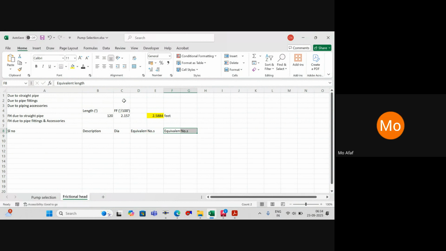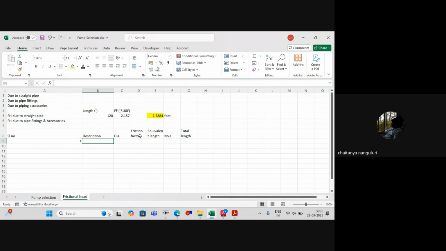Yes or no? Yes. So friction factor, then equivalent length, then numbers, then total length. Understood? It is Hazen-Williams, HW. Okay, now serial number one.